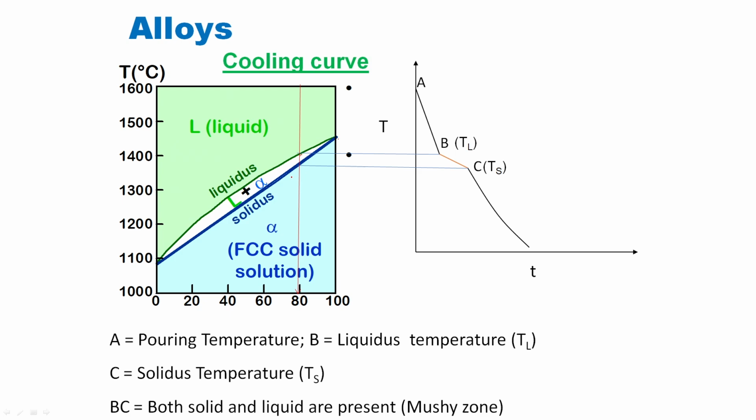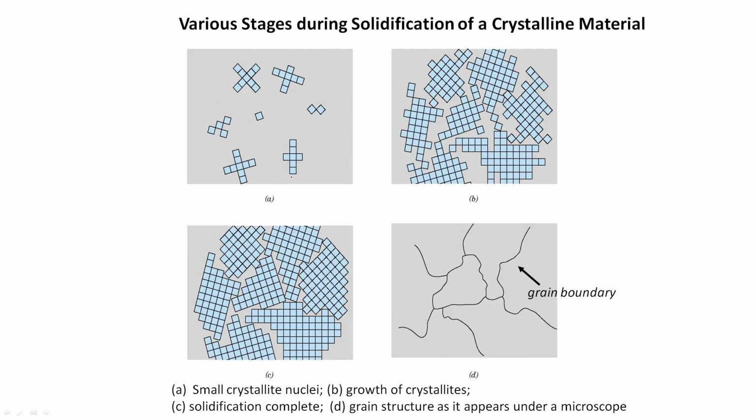Now, since we talked about nucleation, let us talk about the different stages of solidification of any crystalline material. First is formation of a nucleus. What is a nucleus? A nucleus is a cluster of atoms which come together and form a regular array of atoms. Do you remember crystalline structures? Their atoms are arranged in a very regularly ordered manner.